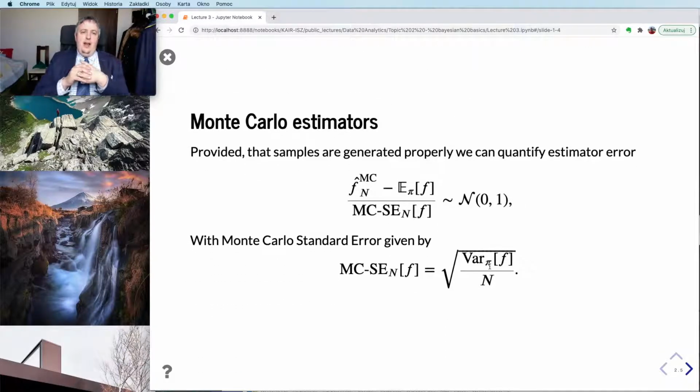So this is nice. And what is especially nice is that computing expectation is a variable that is a sum of random variables.